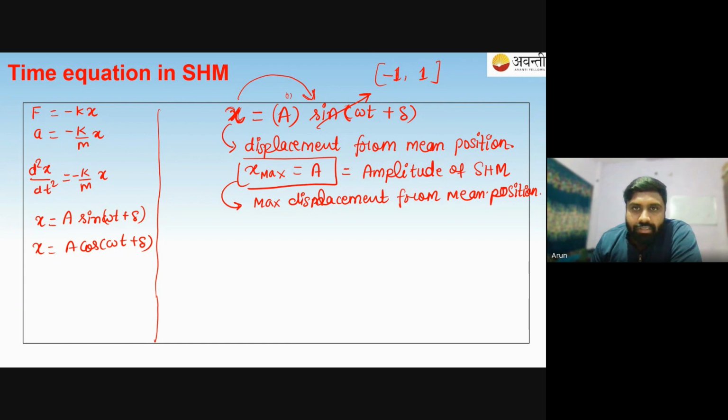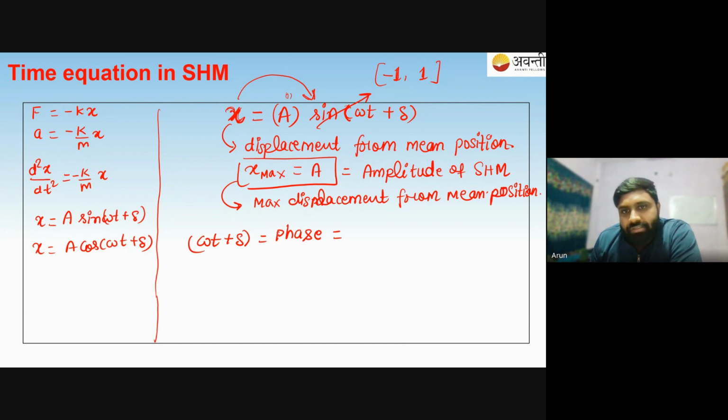Okay. Now let's talk about this omega t plus delta. Omega t plus delta is said to be the phase of this equation of SHM. Okay.